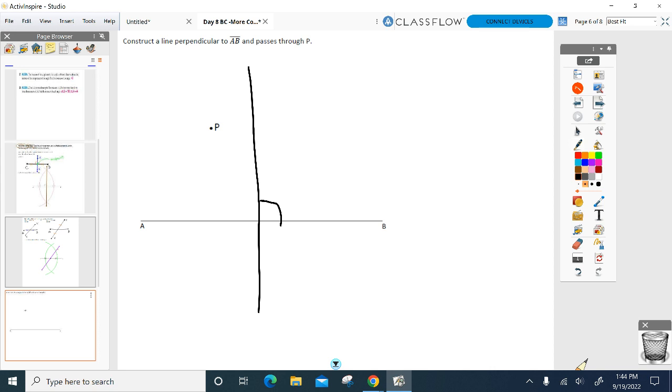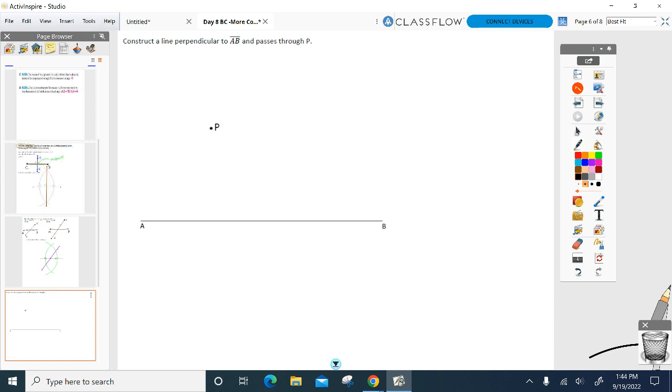I call this the frown or the smile. In this case, it'll be the smile. Take your compass and put it on point P, the point we need to draw it through. Here's what you're going to do. It may be tough for some of you, but you'll get through it. From point P, you need to make an arc that intersects AB in two spots.